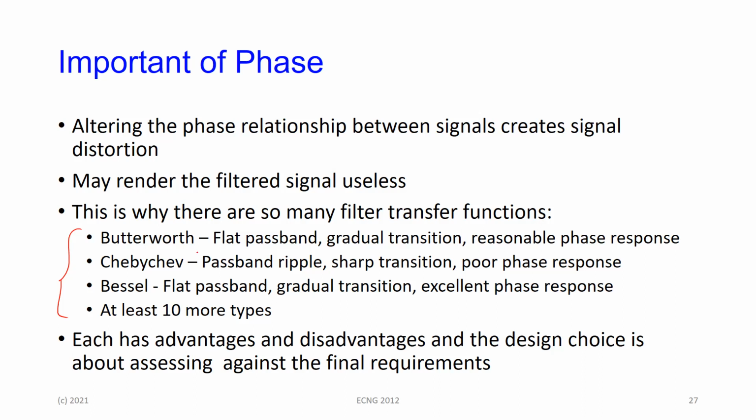And that is why you have to know, and this is a much more complicated process than just designing the amplitude response. You have to know what type of application you're dealing with. And each of these, remember I told you, these are the transfer function polynomials, right?